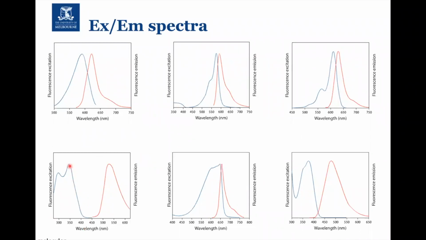It has a very large Stokes shift between the 2 spectra. This one here has a very wide excitation spectrum, but a very narrow emission spectrum. And again, this one is fairly broad in terms of spectra and also has a large Stokes shift. So it's very important before you start your experiments that you understand these properties of the fluorophores that you're using for that experiment.